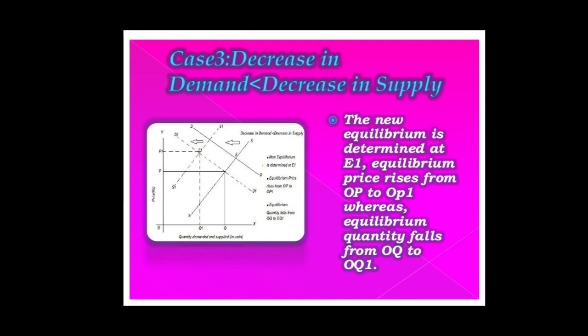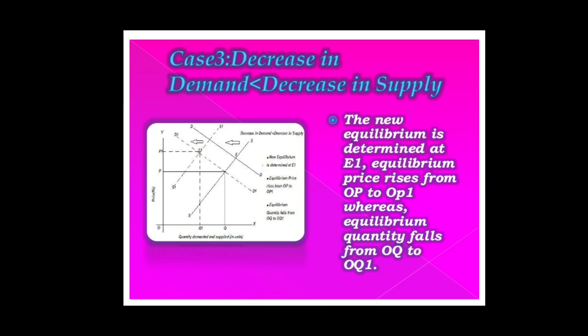Here we can see the leftward shift in supply curve from SS to S1 is greater than the leftward shift in demand curve from DD to D1, which means that the decrease in supply is greater than the decrease in demand.